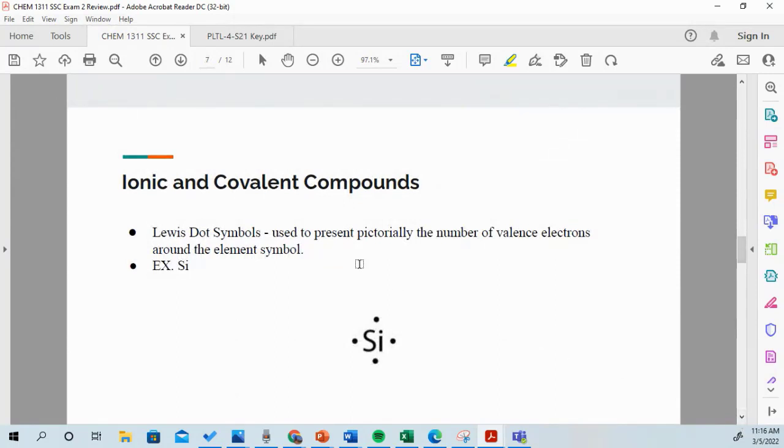Okay, so another important concept is understanding how to write Lewis dot symbols. The next chapter, you'll go more in depth of drawing Lewis structures for more complicated compounds, but this is just for simple elements. So, for example, this is Si, which is silicon. Main thing is you want to calculate what is the number of valence electrons.